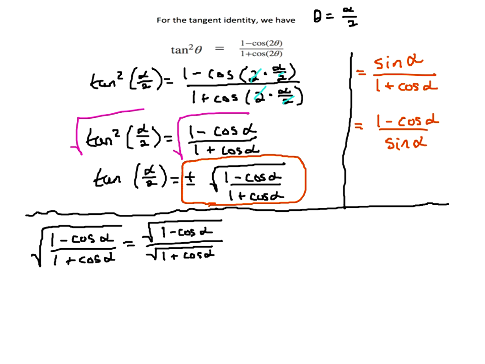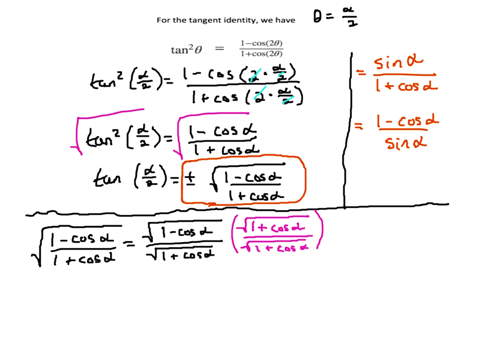Remember, we can't have roots in the denominator, so if I rationalize that denominator, I multiply by 1 in the form of the square root of my denominator there, square root of 1 plus cosine alpha divided by square root of 1 plus cosine alpha. So that's just 1 that I'm multiplying by there.